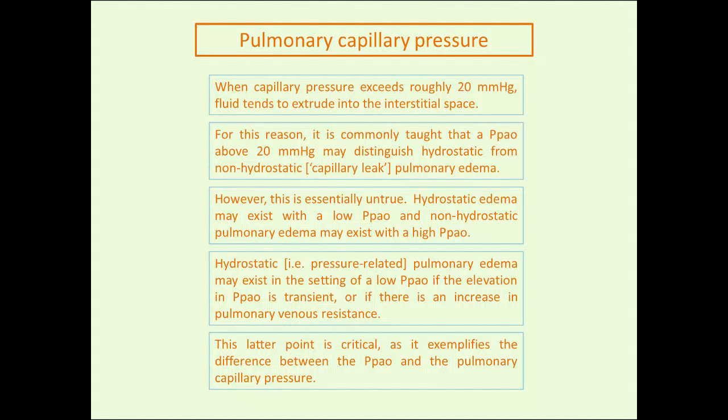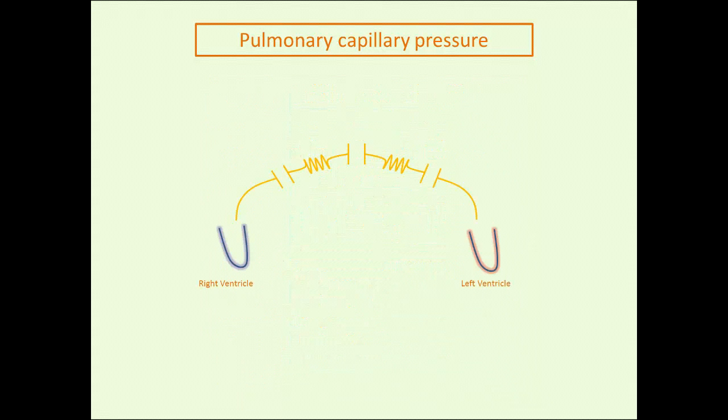ARDS has been shown to increase pulmonary venous resistance, particularly in the chronic or quote-unquote fibrosing stage of ARDS. Hypoxemia has been shown to increase pulmonary venous resistance in and of itself, so don't forget about pulmonary venous resistance in critically ill patients.